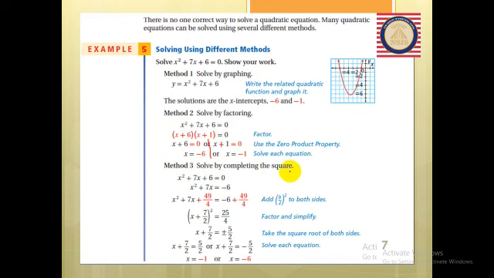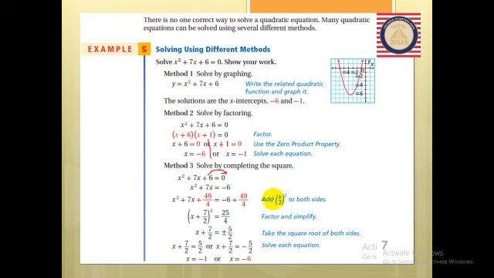Solving by completing the square. Do you remember the 6 steps that we talked about in the lesson before? How to do it? We're going to put the equation in the form x power 2 plus bx equals c. So positive 6 will go to the other side with negative 6. Very good. Then I'm going to get b over 2 all power 2.